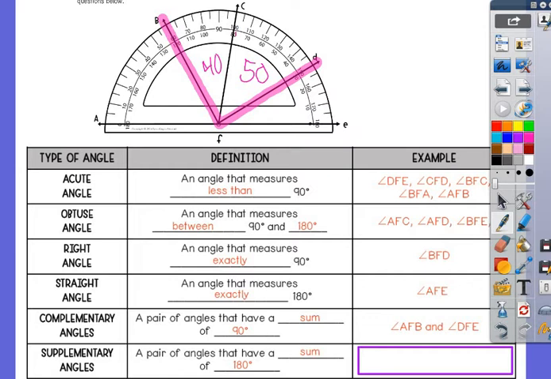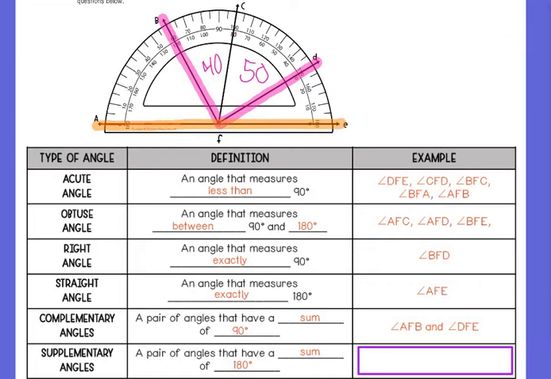Okay, so what was our example of a supplementary angle up here? AFE. Okay, I see several supplementary angles. Gabby, what do you see? AFC and CFE.